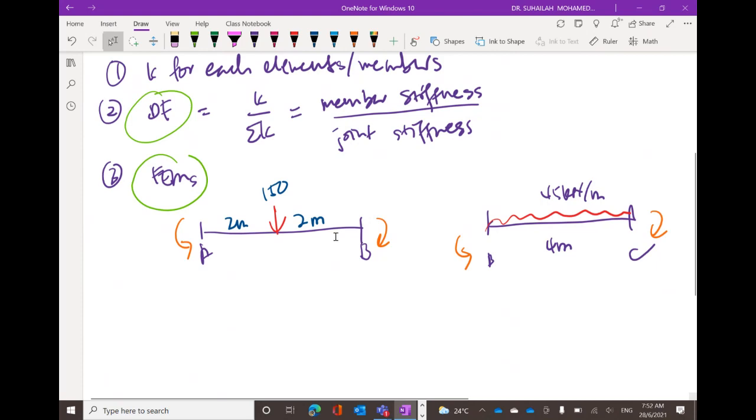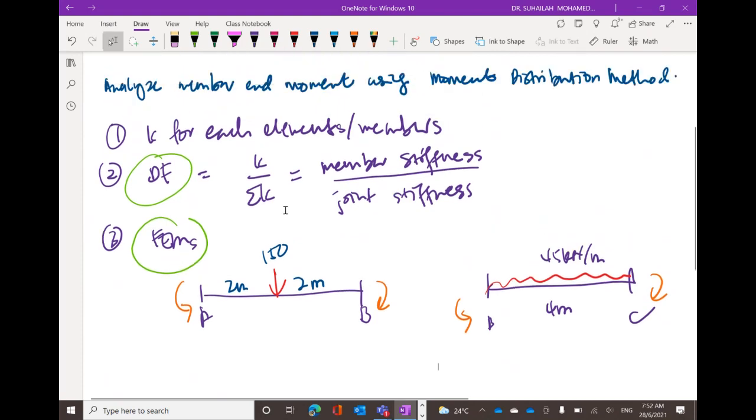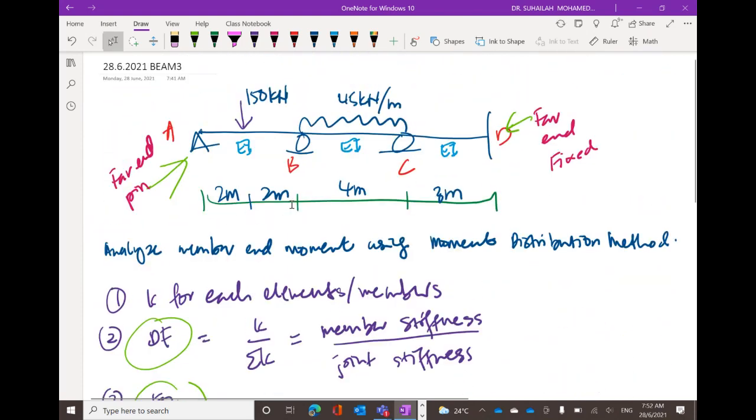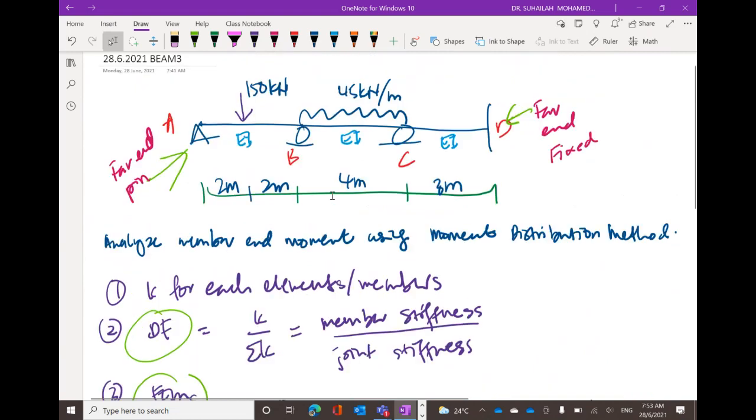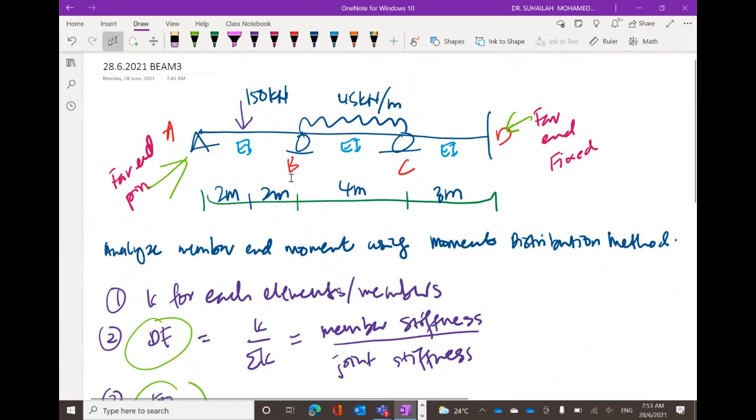Okay, let's do it together. So I want to calculate all the values in table form straight away. So I will move this to Excel right now.